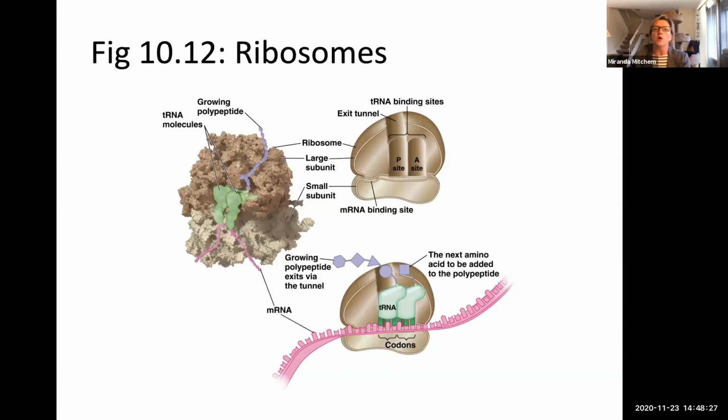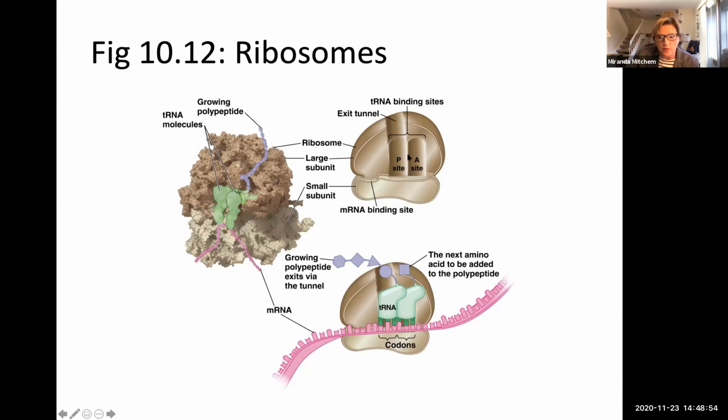The ribosome is actually part of the molecular biology mystery that allowed evolutionary biologists to really understand the relationship between organisms in the three domains of life. So we've got our large subunit and our small. The message goes right through it.